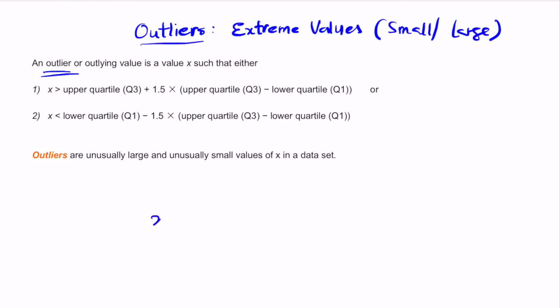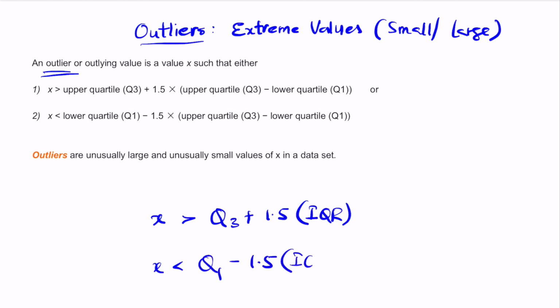If the value of an observation is greater than Q3 plus 1.5 times IQR, or if the X value is less than Q1 minus 1.5 times IQR, then those observations are called outliers. This is how we determine the extreme values in any given data set.